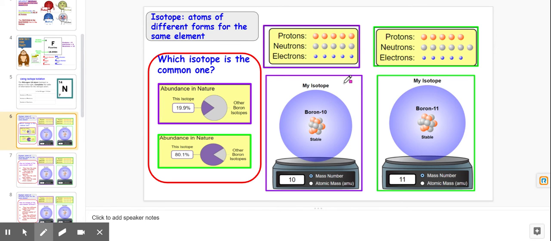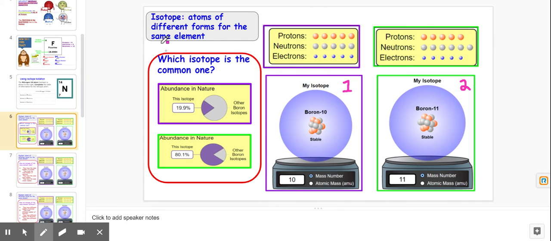This is one isotope. Here is another isotope. So we have two isotopes to look at and compare. If we look at everything inside of these two isotopes and compare them, we can see what is similar and what is different.